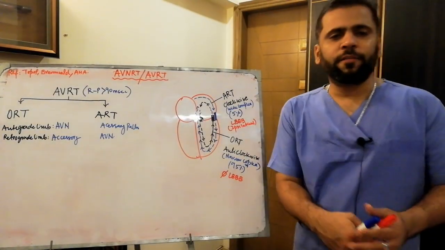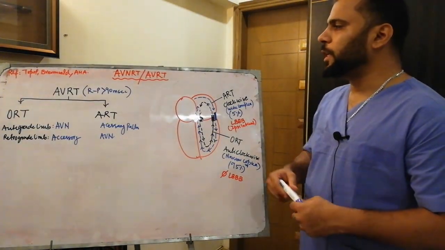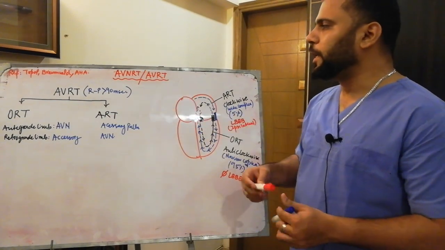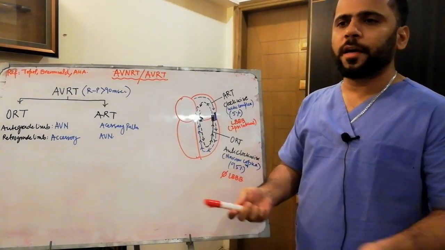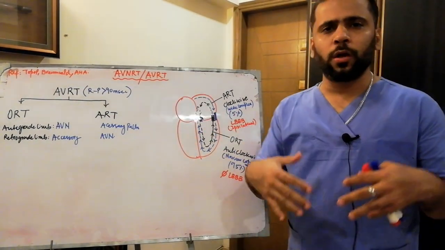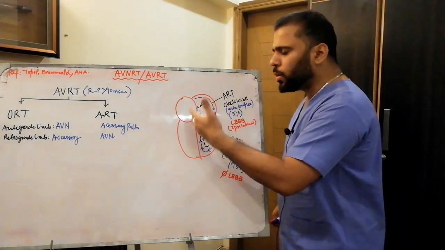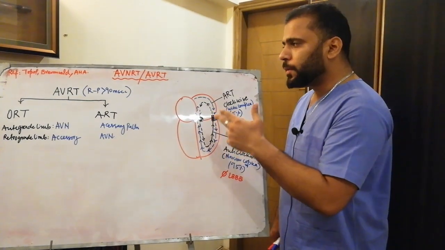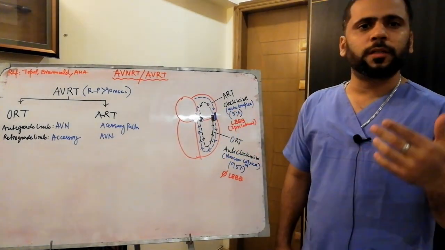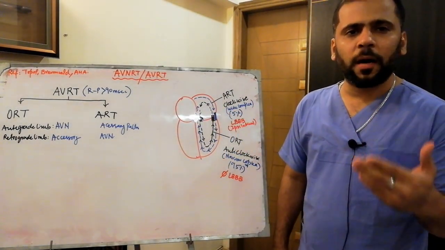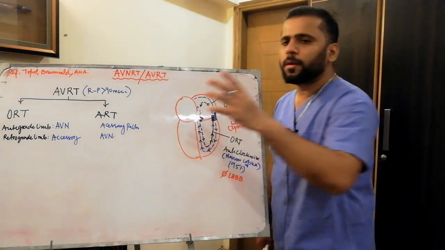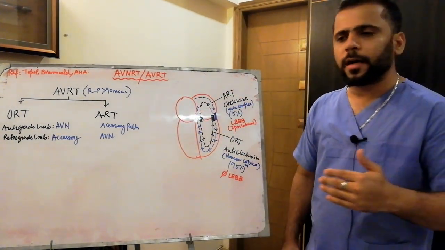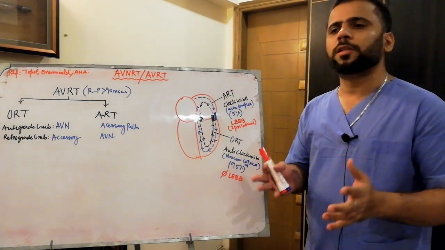So after AVNRT, now we have to discuss AVRT, atrioventricular reentrant tachycardias. Here the node is actually involved. The AV node is also involved, but one limb must be an accessory pathway. In AVNRT, both the antegrade and the retrograde limbs were inside the AV node.